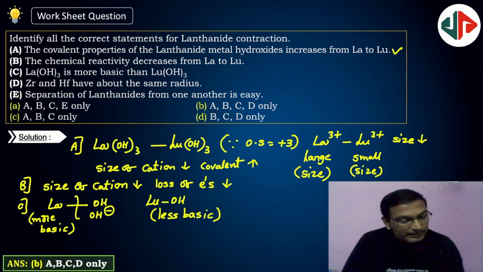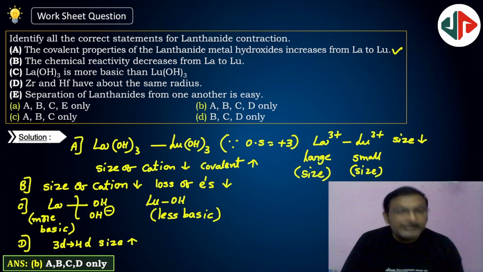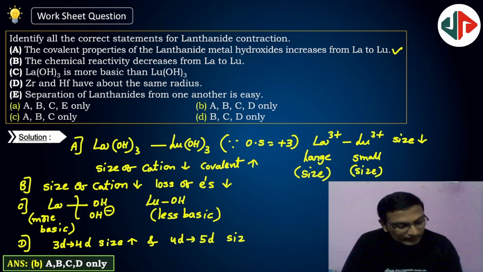Next, option D. We know from the 3d to the 4d series, size increases, and from the 4d series to the 5d series, size remains constant due to lanthanoid contraction.